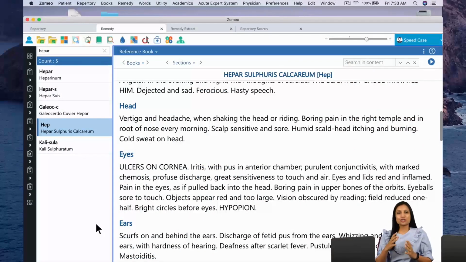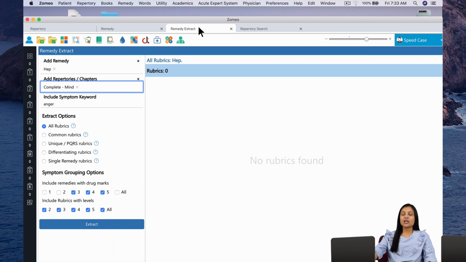So, to see how Hepar is represented in cough in the repertory, let's go back to remedy extract. Now here, if you can see, the chapter on mind has been selected with the symptom keyword of anger. We are looking for the rubrics in which Hepar is represented for cough, and that can be viewed in the cough chapter.